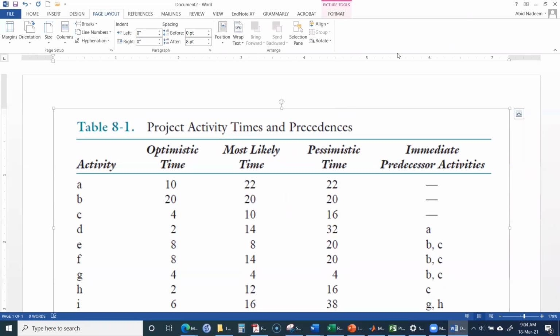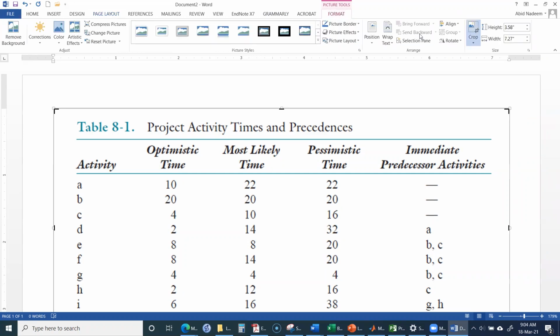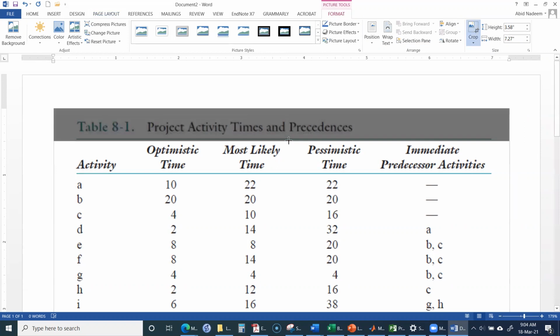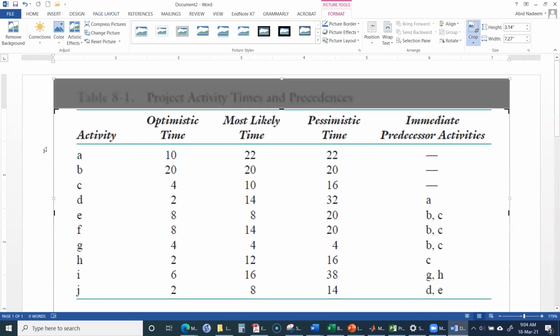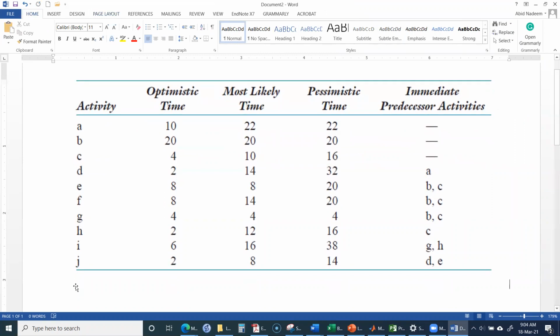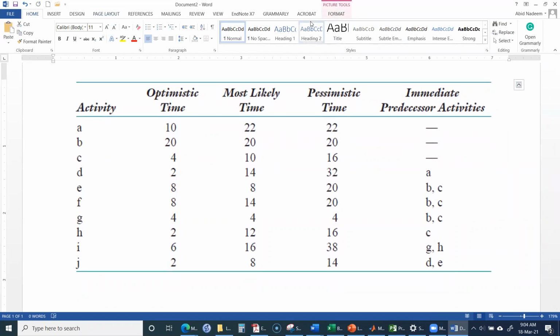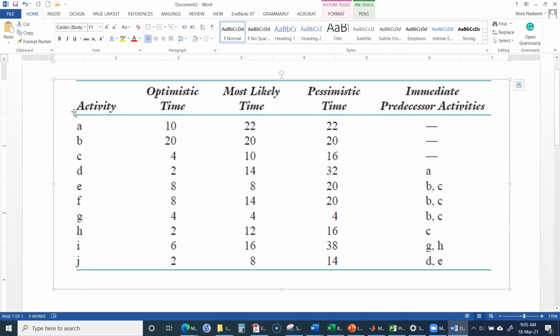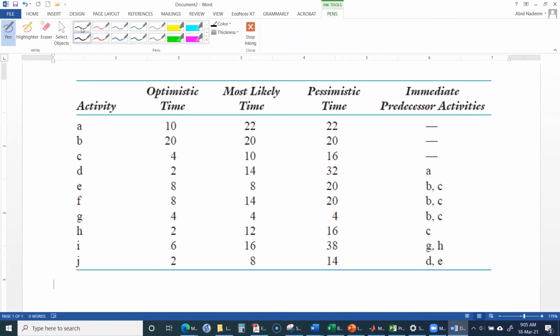Okay, so this is some data which I have taken. Okay, so now these tools are working.